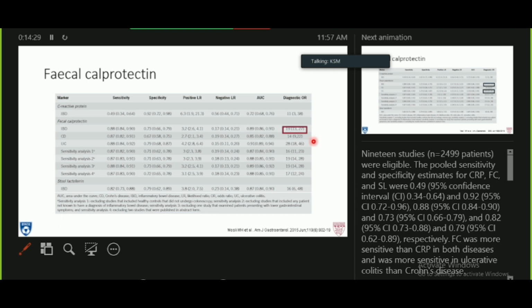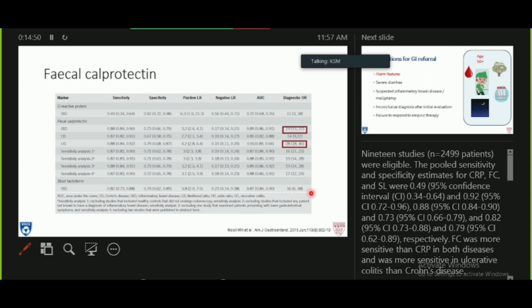But what has been shown in multiple studies is that the fecal calprotectin is more diagnostic, with a pooled odds ratio of 19 compared to 11 for CRP and 16 for stool lactoferrin when we're trying to exclude inflammatory bowel disease. And especially for ulcerative colitis, it has an even higher pooled odds ratio of 28.